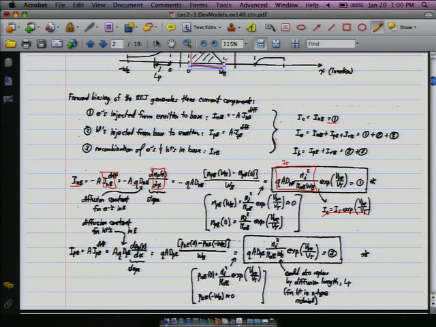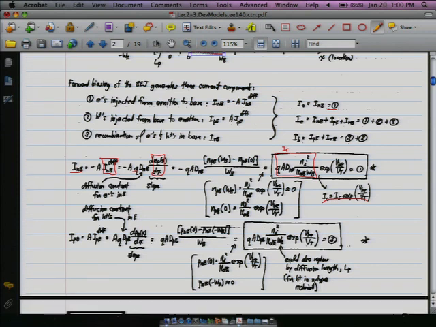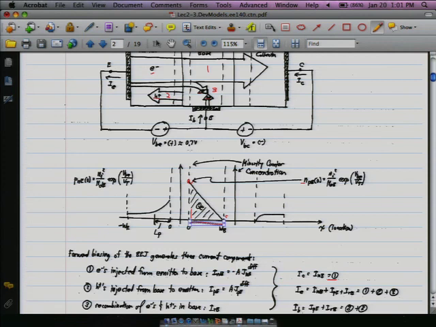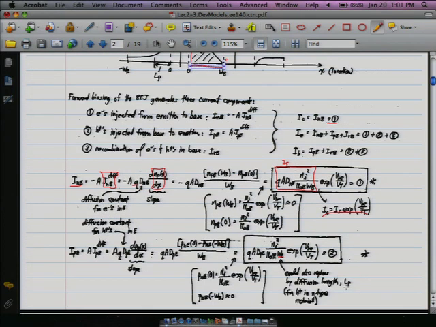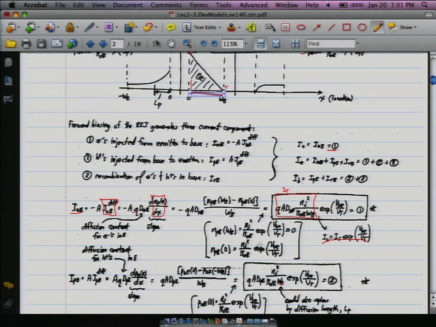There's one note in the notes that I want to highlight, since it's more likely to cause confusion in the future. It says you can also replace this factor here, the width of the region, W_E, with L sub P, which is the diffusion length, how far these holes actually diffuse.